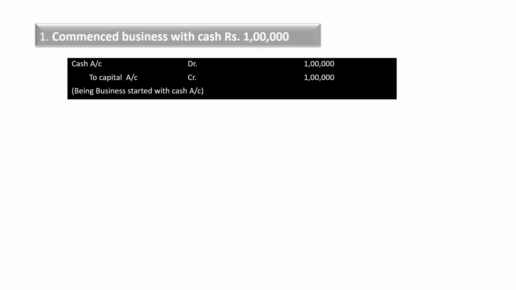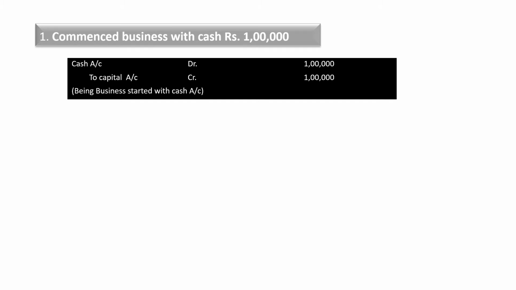Cash account debit to capital account credit 1 lakh. What we have done with cash: we have commenced a business with cash of rupees 1 lakh. We know how to prepare the journal entry. Cash account debit to capital account credit. Cash is coming into the business. According to the real account rule, as we have discussed earlier, we need to debit cash account 1 lakh.